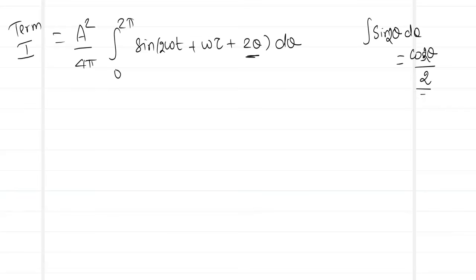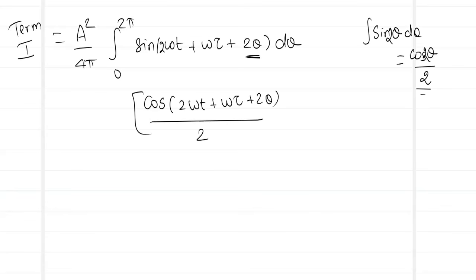The same thing happens over here. We have sine of 2 theta, hence the final answer will be cos of 2 omega t plus omega tau plus 2 theta divided by 2, and this has to be applied between the limits 0 to 2 pi, with A square divided by 4 pi. So now this constant makes it A square divided by 4 into 2, which is 8 pi.